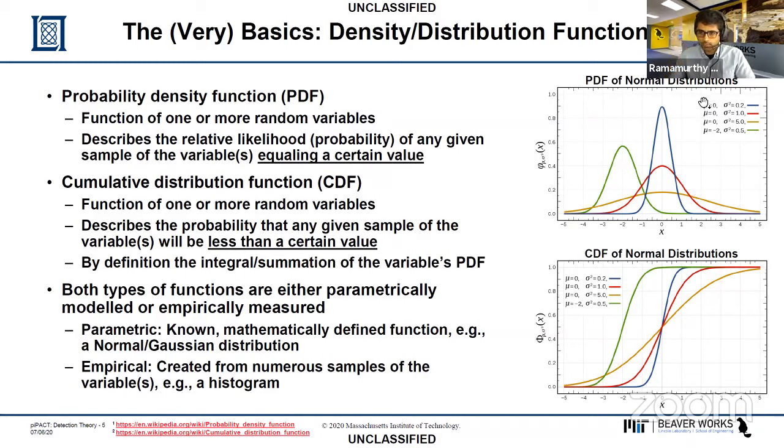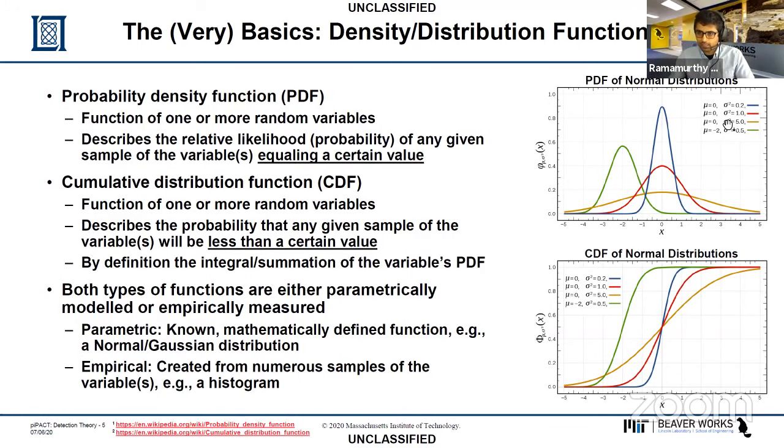The mean, mu, and the variance or standard deviation, variance being standard deviation squared. And so the mean tells you what is the most likely value. That's where the peak of this curve is. And the variance tells you how broad this hump is.